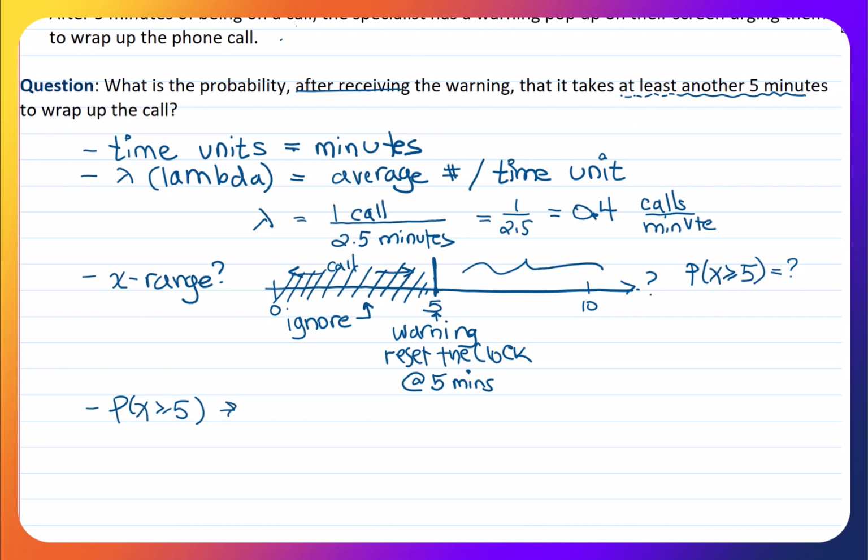And we plug that into our formula. So the probability that x is greater than or equal to some number is e to the minus lambda times x. So in our case, that becomes e to the minus 0.4, lambda was 0.4, times 5, and minus 0.4 times 5 gives us minus 2.